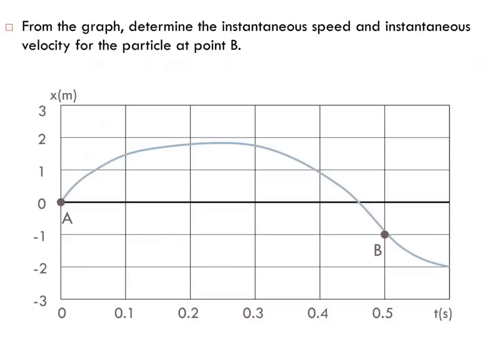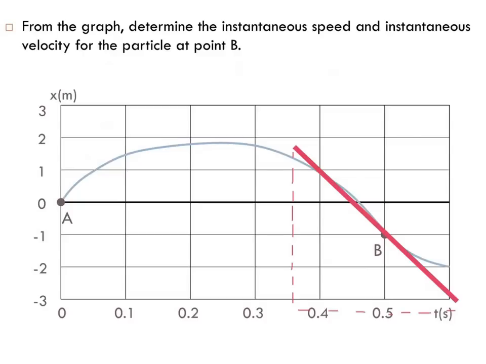From the graph, determine the instantaneous speed and instantaneous velocity for the particle at point B. So we are looking at a specific moment in time. So I start off by creating a line tangent to the curve at that point. Then I find the slope of that line at that point.